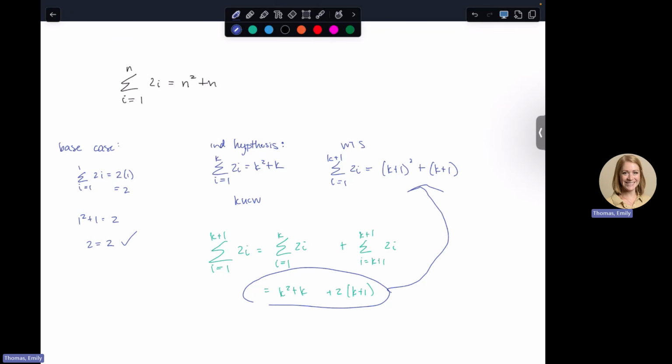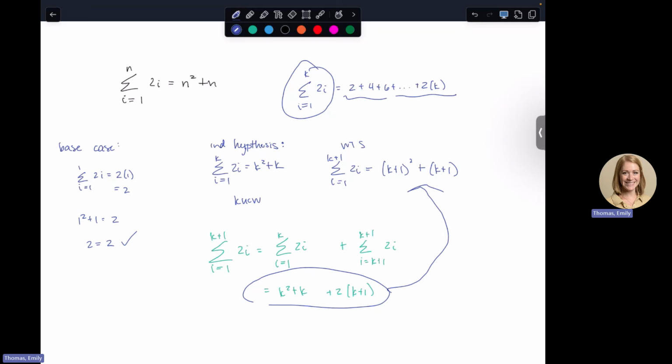A lot of people really don't like the summation notation, and in the past I have done a thing where, instead of writing the sum from i equals 1 to k of 2 times i, I would just write 2 plus 4 plus 6 plus ... plus 2 times k, and that is the same thing as this.